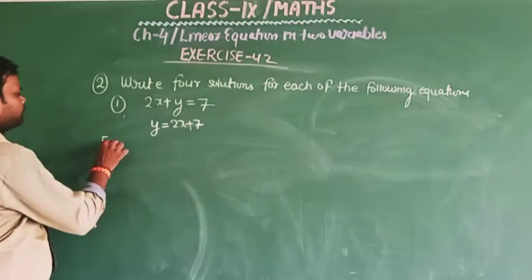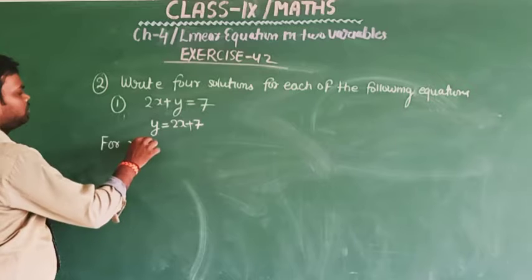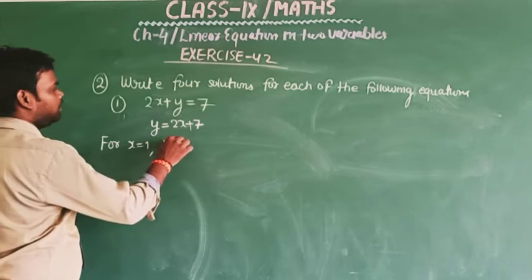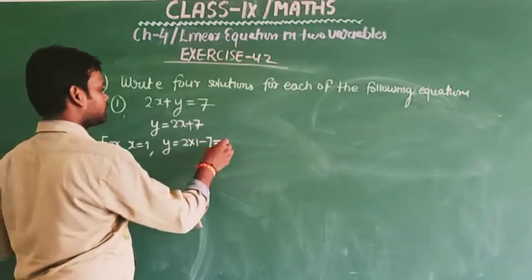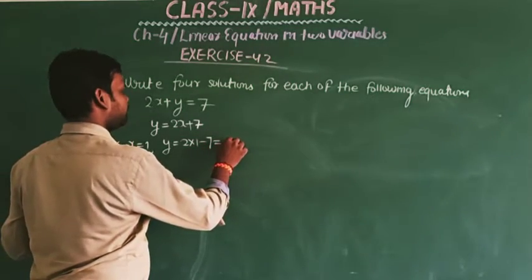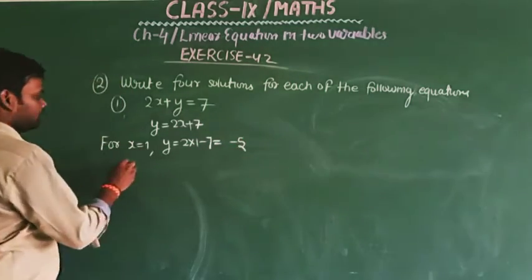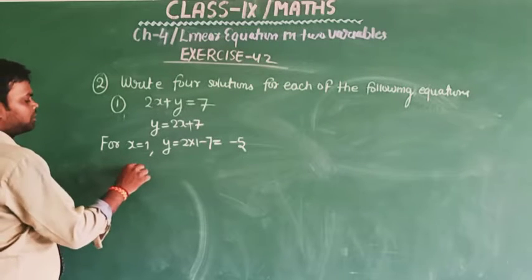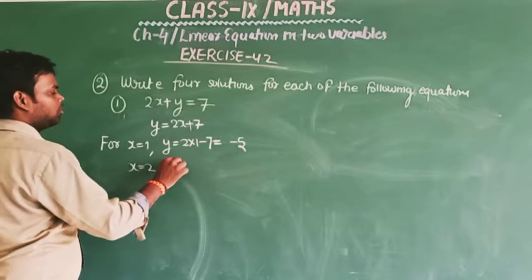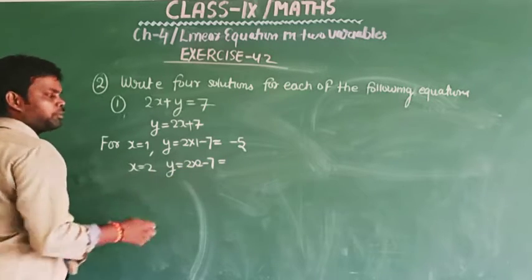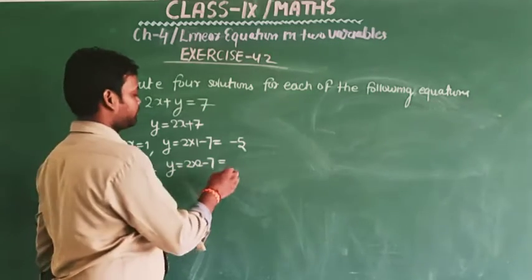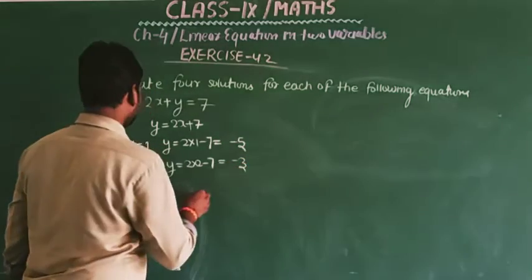For x equal to 1, y equal to 2 into 1 minus 7 equal to minus 5. For x equal to 2, y equal to 2 into 2 minus 7, 4 minus 7, minus 3.